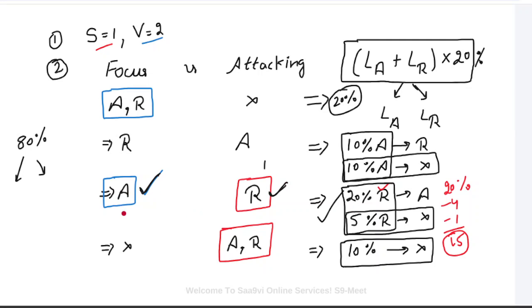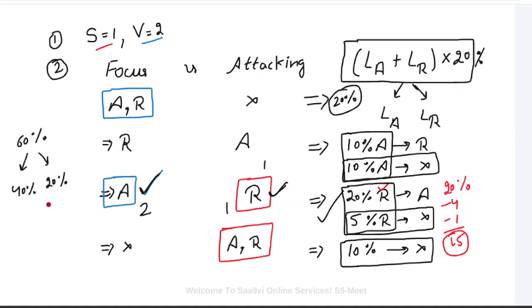So that can be possible if Amaya has level 2 and Ramaya has level 1. That means the number of votes will be 60%. That 1 plus 2, 3 into 20, 60. And Amaya will get 40% from there. Ramaya will get 20% from there.